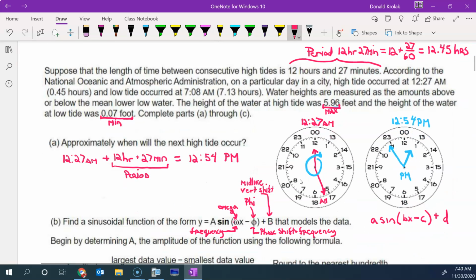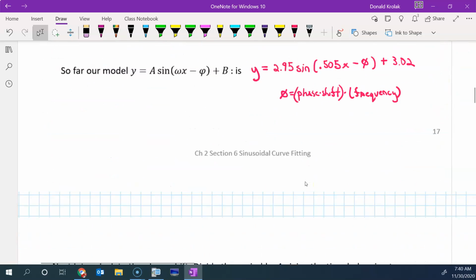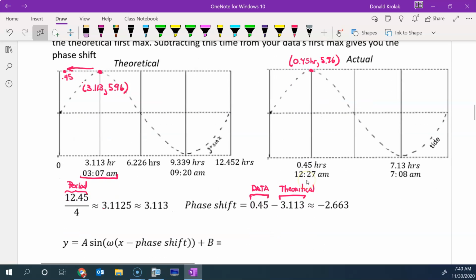So when the first max occurred at 12:27 a.m., which is 12.45 hours, or it's really 0, because we're counting from midnight. So in the data that we're given, this number is when the actual high tide was.